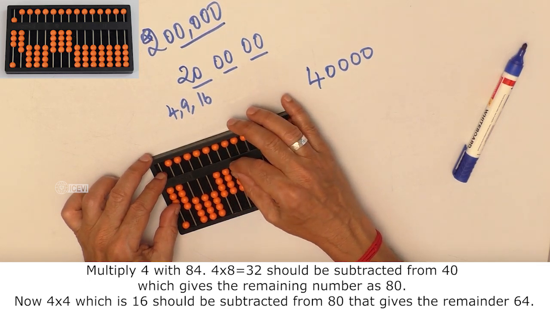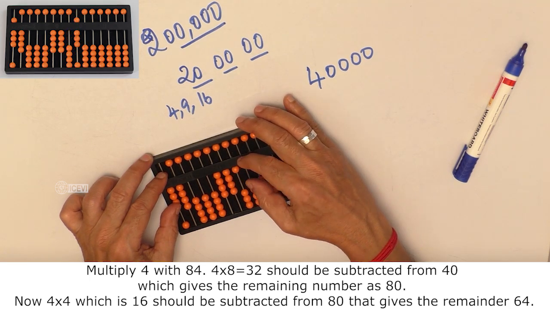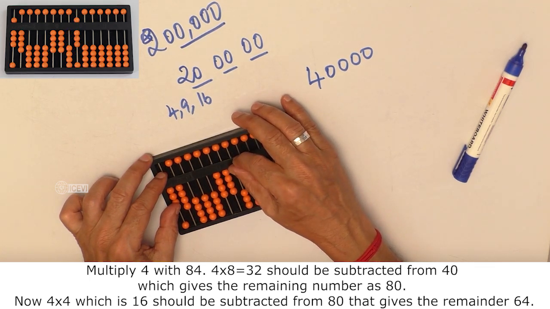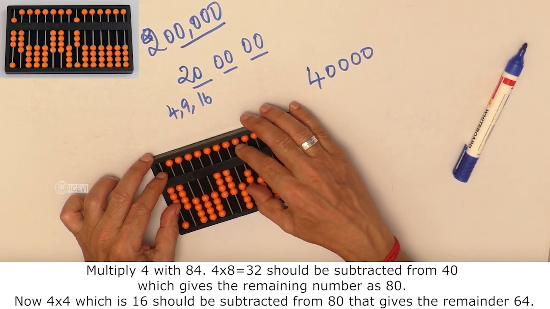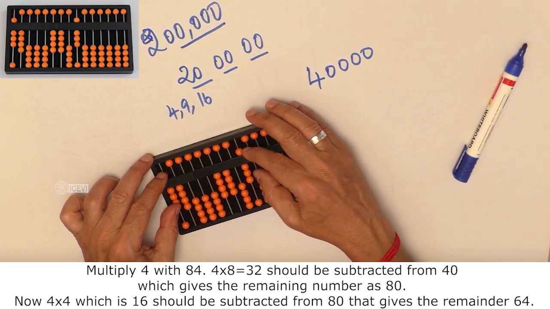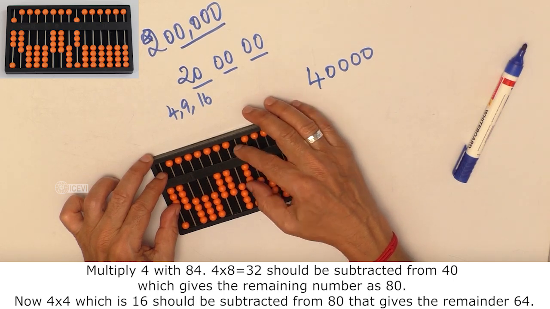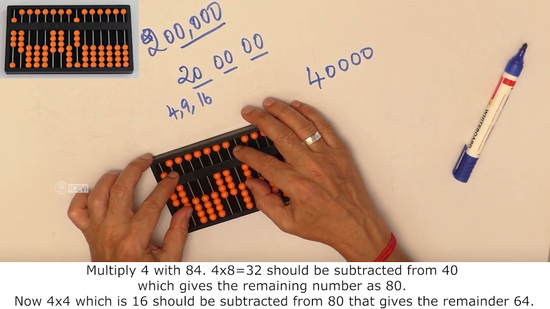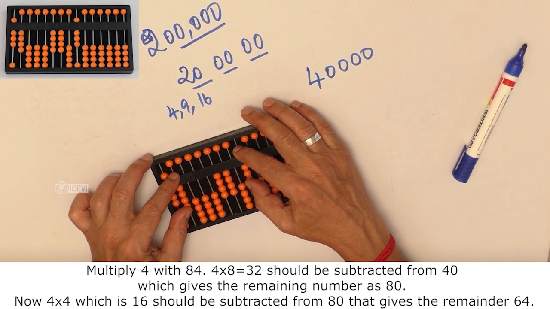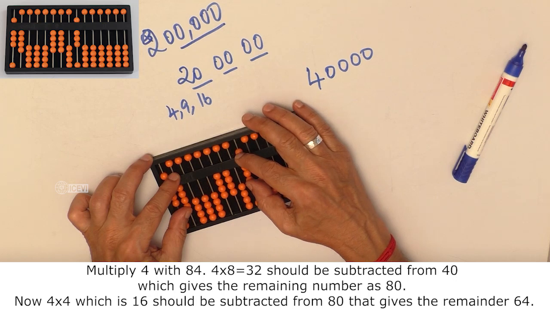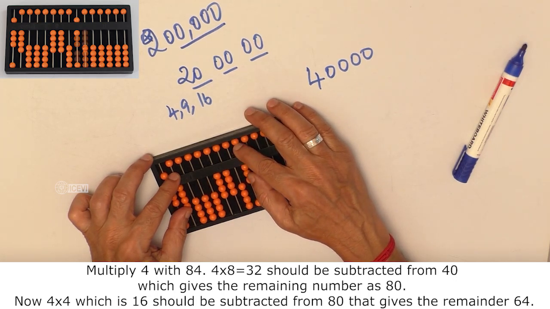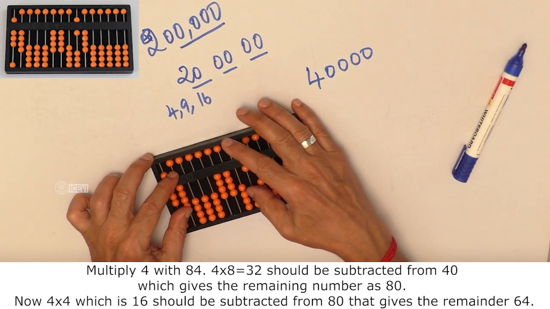That should be subtracted from 40 and that will give you the remainder as 8, and with the addition of the 0 you will get the remainder as 80. Now 4 is multiplied with 4, which is 16. That should be subtracted from 80 and you get the remainder as 64.